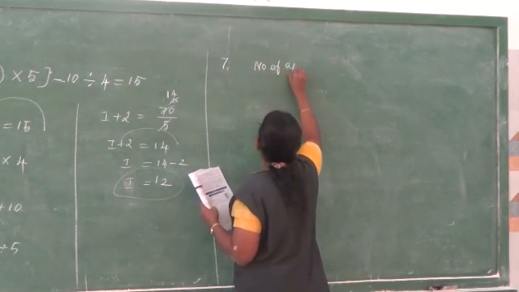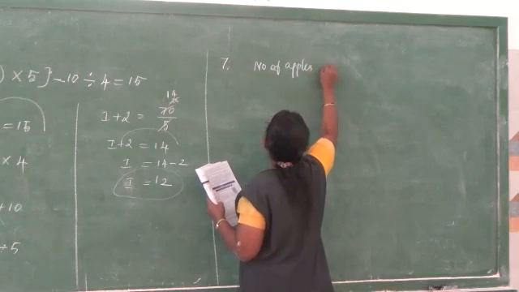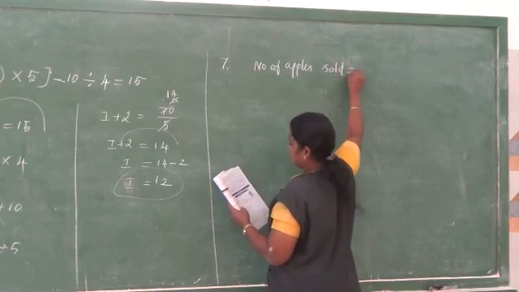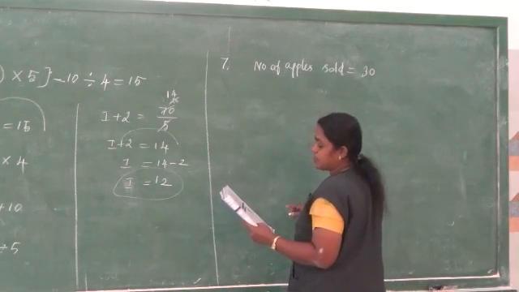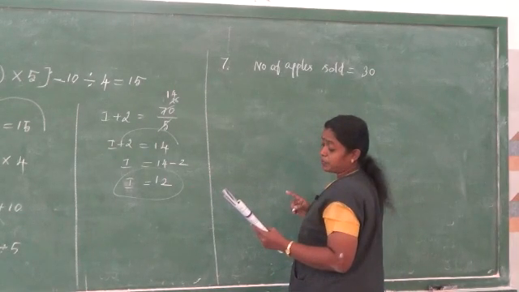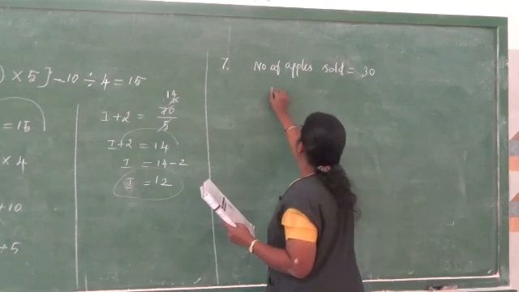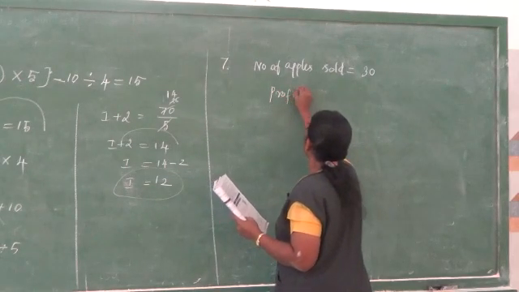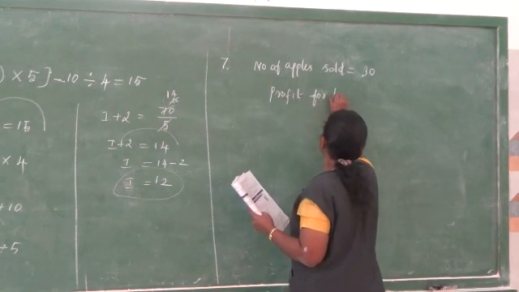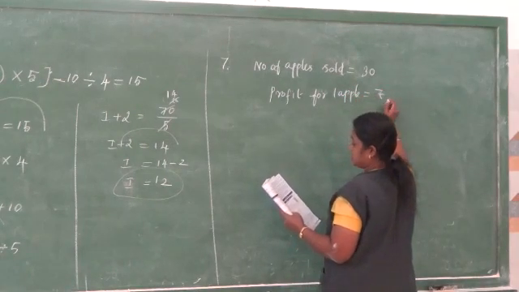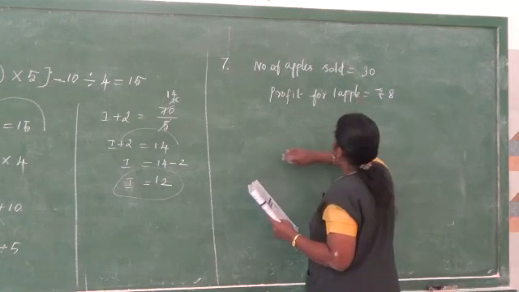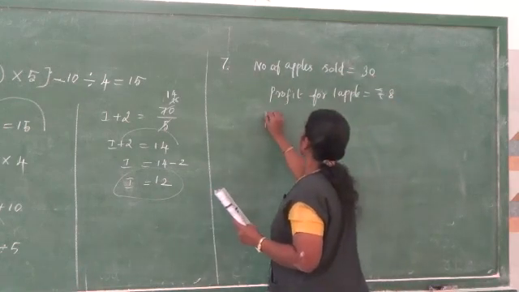Number of apples sold is equal to 30. If she makes a profit of rupees 8 per apple, what is the profit for one apple? It's given to us, profit for one apple is rupees 8. What is the total profit for 30 apples?